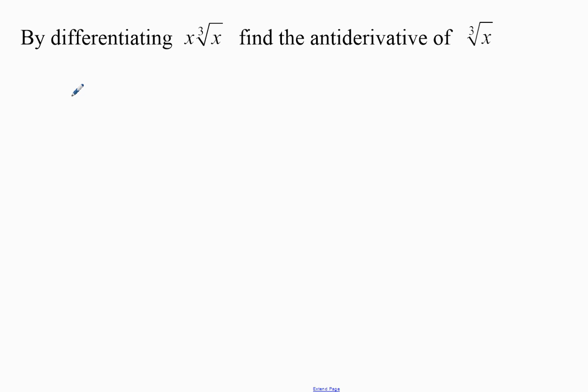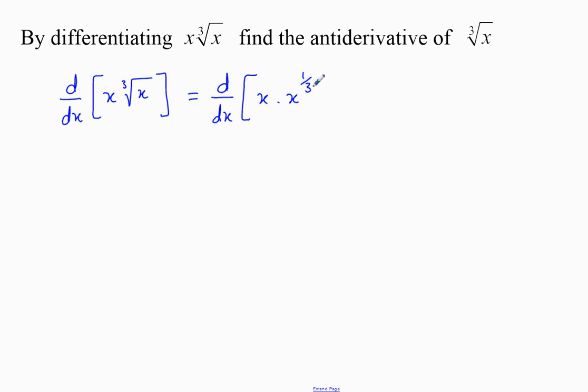So the derivative with respect to x of x multiplied by the cube root of x is the same as the derivative with respect to x of x times x to the power of 1/3, which is also the same as the derivative with respect to x of x to the power of 4/3, and the derivative of x to the power of 4/3 is 4/3 x to the power of 1/3.